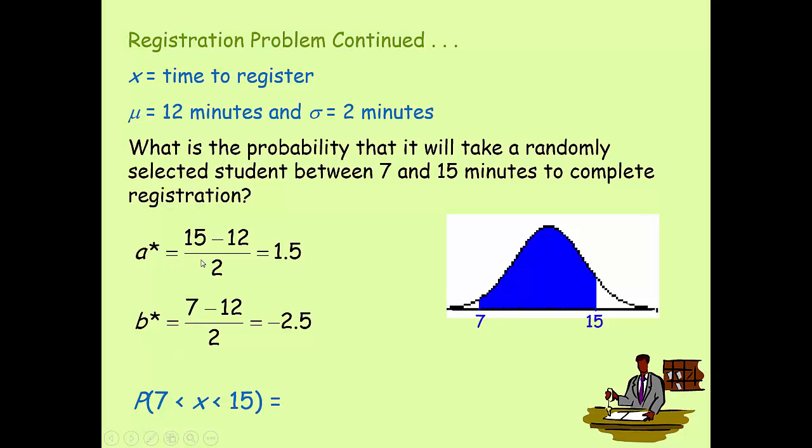Okay, so I've gotten my z-score for 15, and I've gotten my z-score for 7. I look these values up and I subtract the two, because remember we said the way you find the in-between is by subtracting the values. It is important that you go through all of these examples and understand how to read this table to find these probabilities once you have standardized your data.